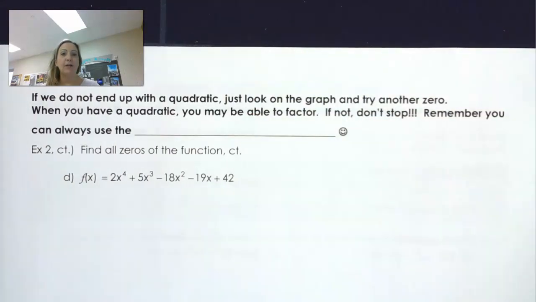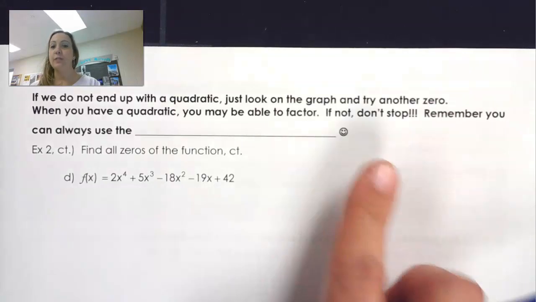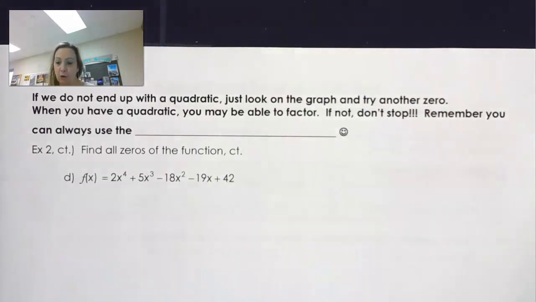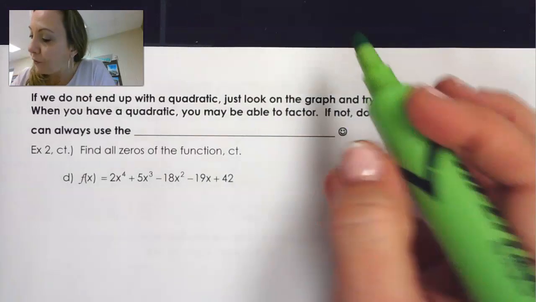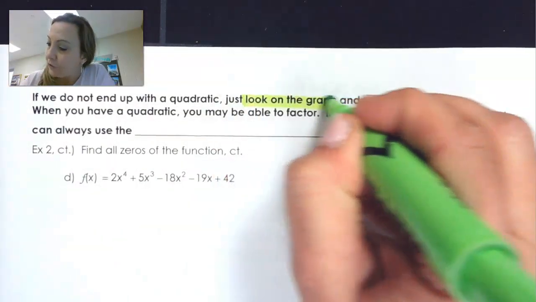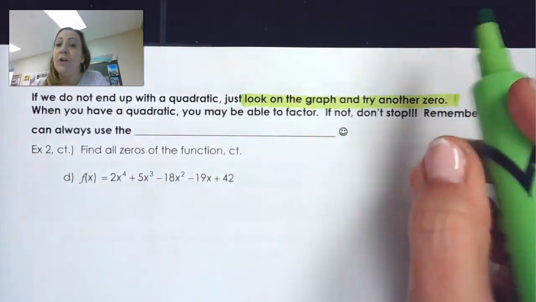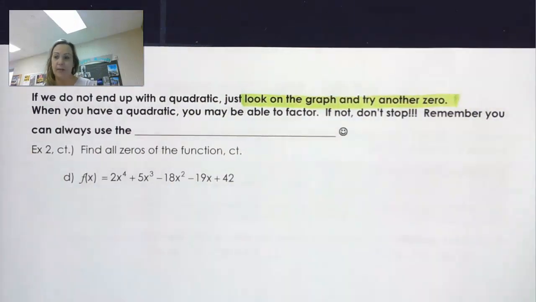Now, when you have a quadratic, you might be able to factor. If not, don't stop. Remember, you can always use the quadratic formula, okay? So a couple things to point out here. If we don't have a quadratic, what we're going to do is look at the graph and try another zero.